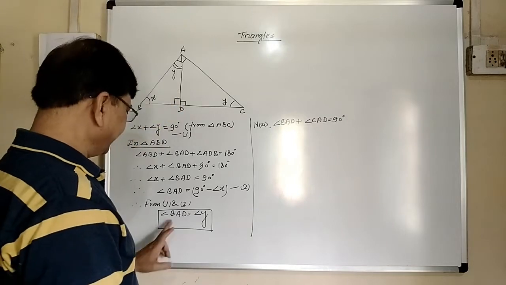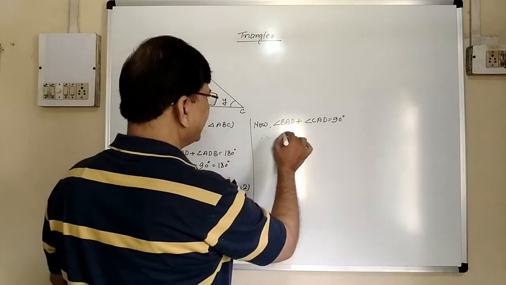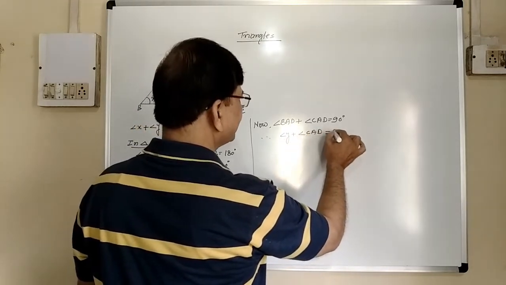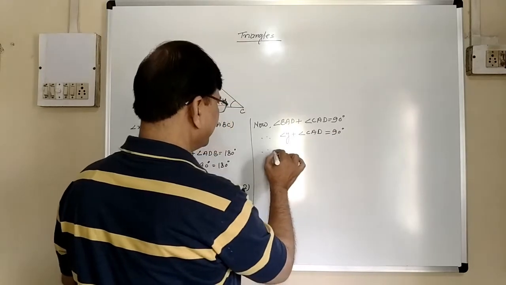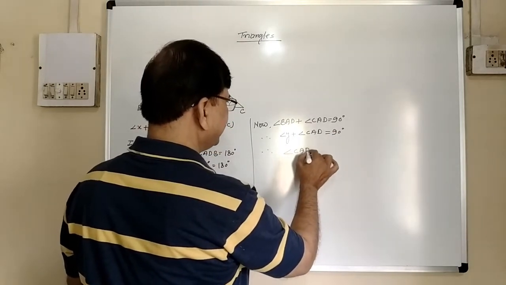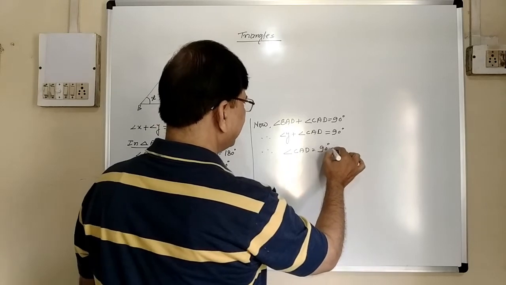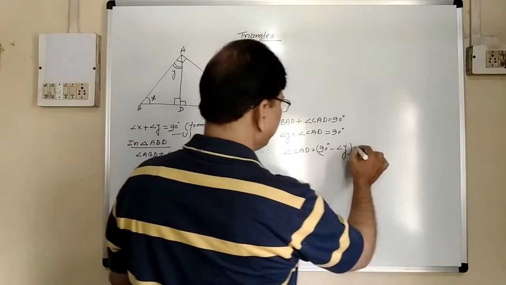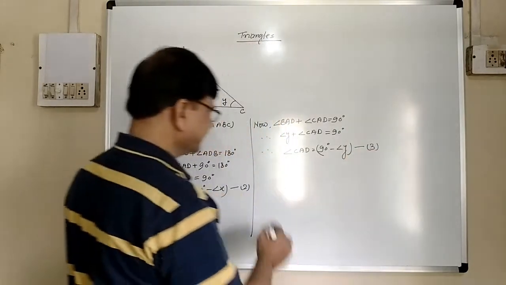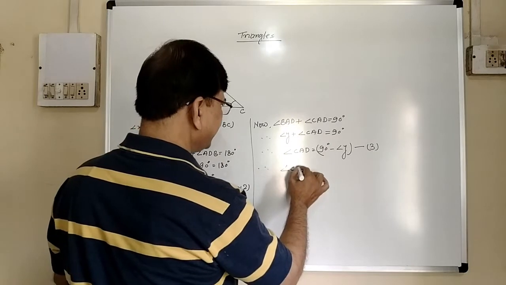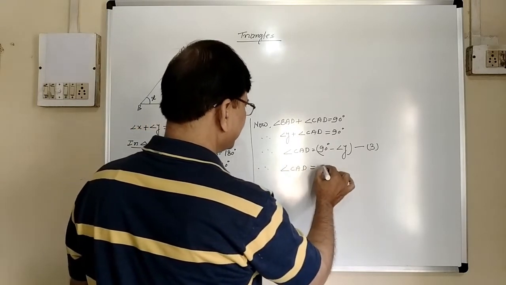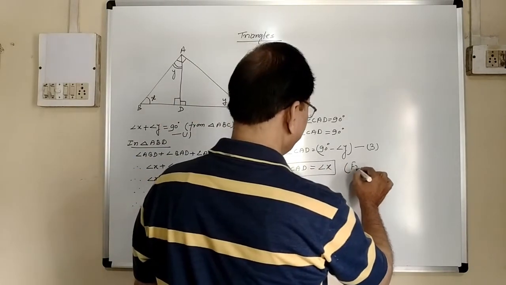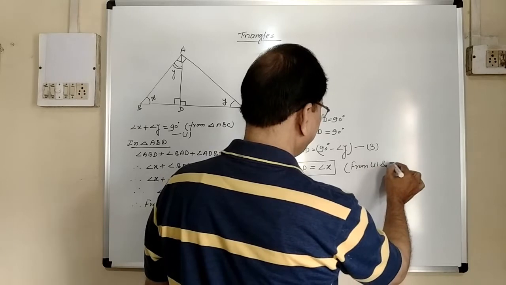So BAD is angle Y, therefore angle Y plus angle CAD is equal to 90 degree. Therefore angle CAD is equal to 90 degree minus angle Y. Let it be equation number 3. Therefore angle CAD is equal to angle X, that is from 1 and 3.